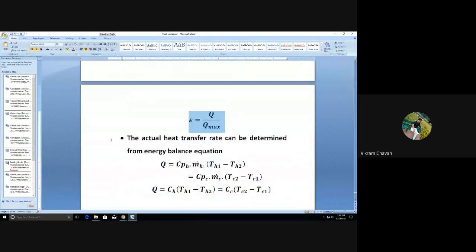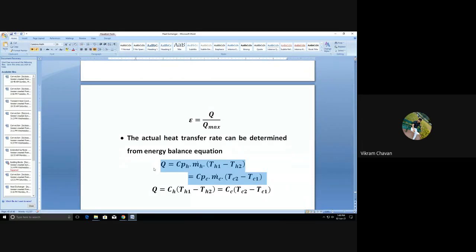Then the next one, the actual heat transfer rate can be determined from the energy balance equation. So which is our energy balance equation?